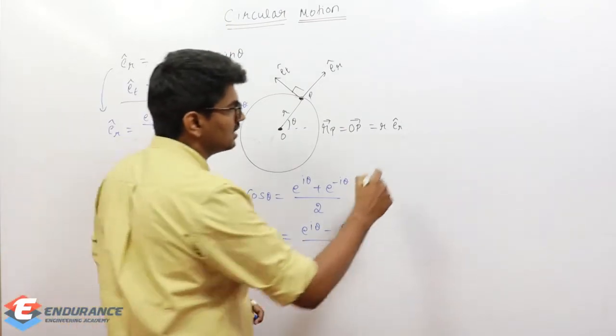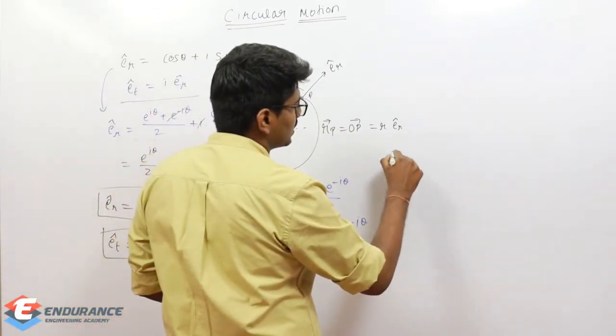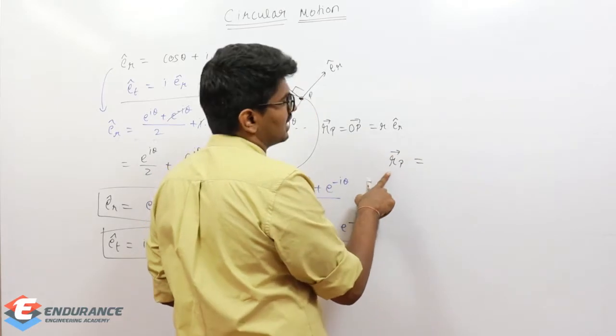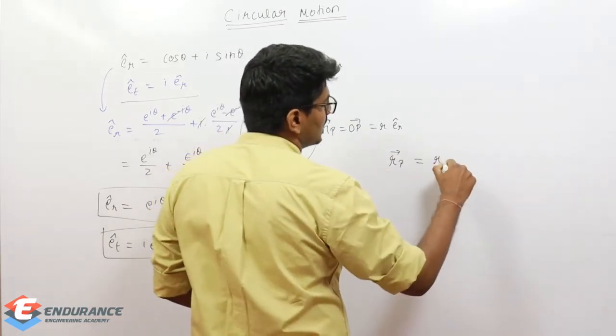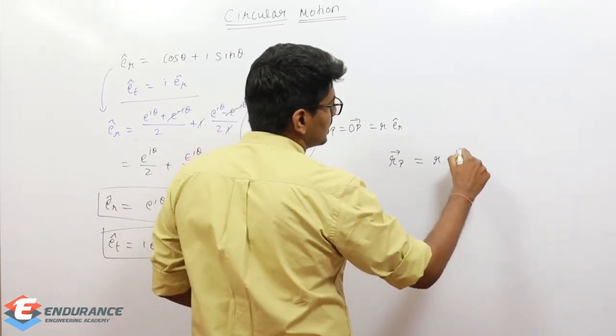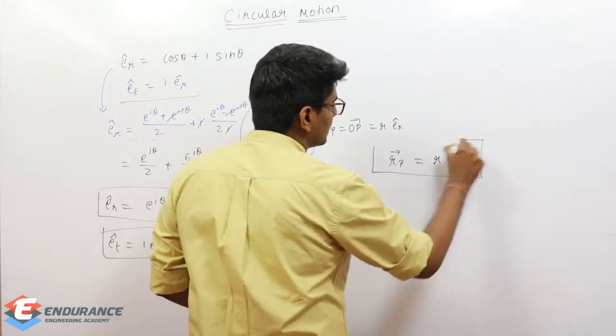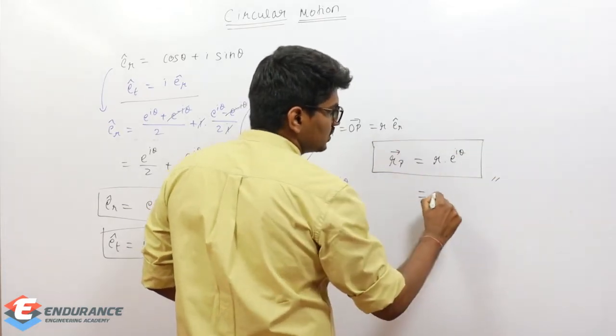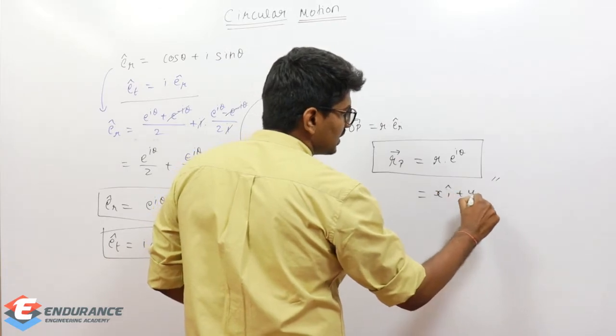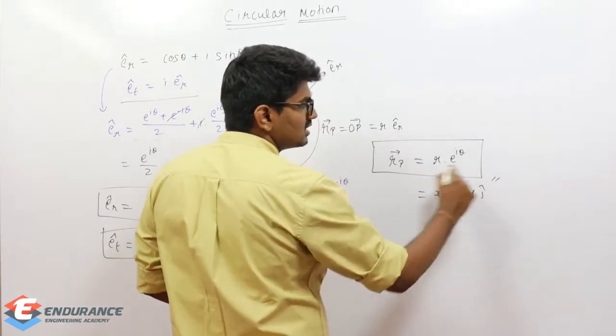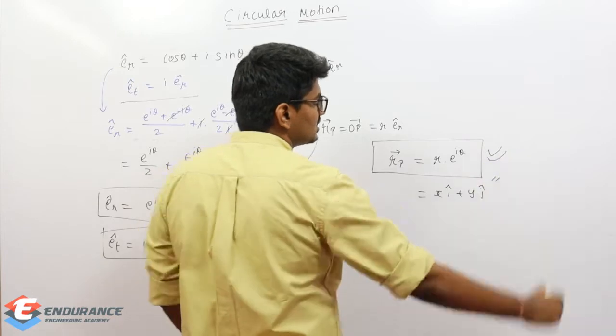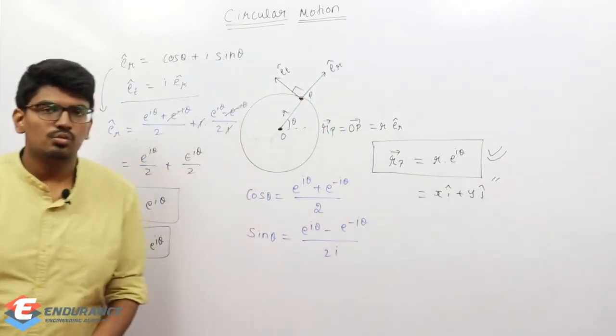So finally our polar coordinate representation for the position vector is R into e to the power of i theta. This will be equal to xi cap plus yj cap. This is in Cartesian, this is in polar. Anyways, in this section we are going to concentrate more on polar coordinates only.